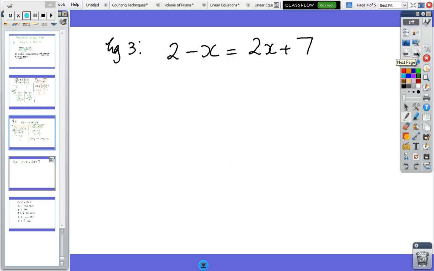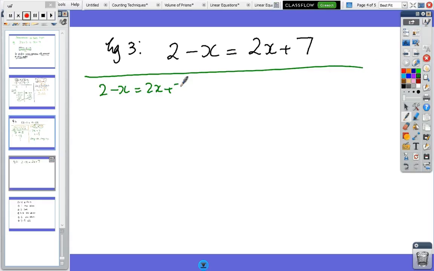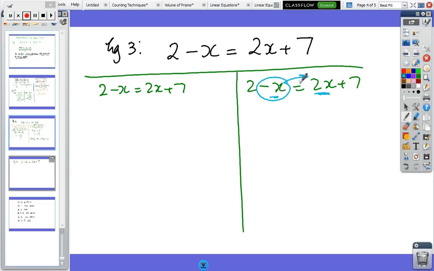So let's have a look at this next one. Again, I'll show you both ways and then you can pick which way you want to do it. So 2 minus x equals 2x plus 7. And then my quick way over this one. Now this time 2x is bigger than minus x, so this one will go that way, and if the letters are going right, then the numbers will go left.